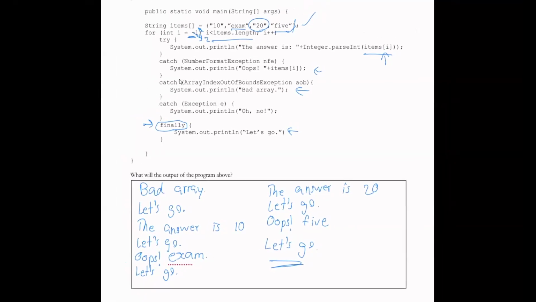All right, any question? I have a question. Which one would fall under exception e? If it is not a number format exception or an index out of bounds, we print this line. Can you give me an example?